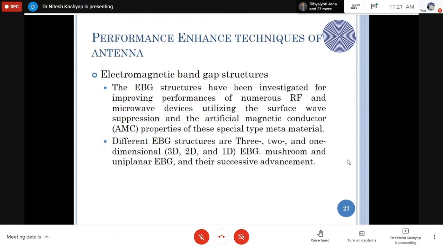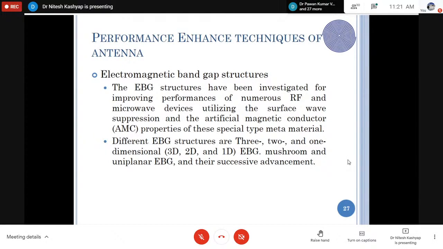If we alter the position of the metamaterial, or when we put the metamaterial over the dielectric, the property can be evaluated as an EBG structure.